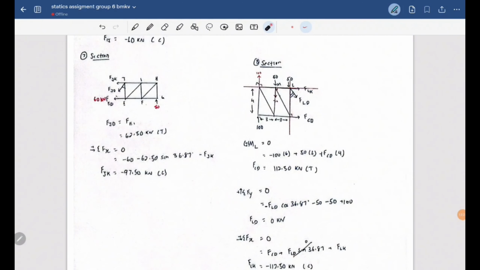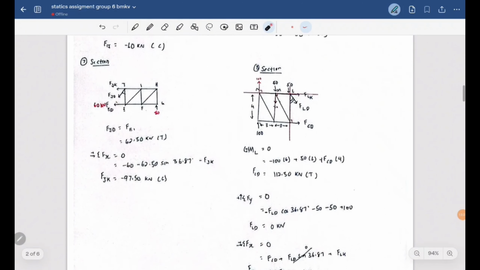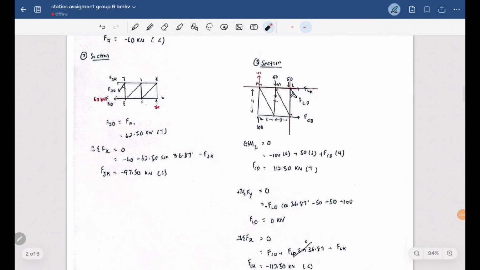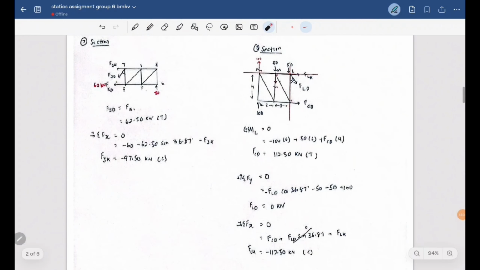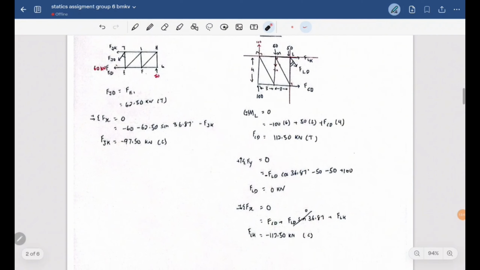Step number 8, we do a section on the left hand side. So we find the moment on point L, which is here. We draw a vertical line and horizontal line. And we have 100, which is AY, and the distance is perpendicular. The distance is 3 plus 3.